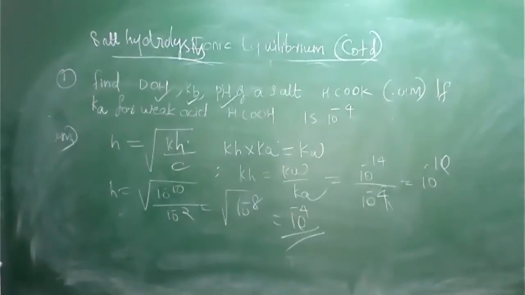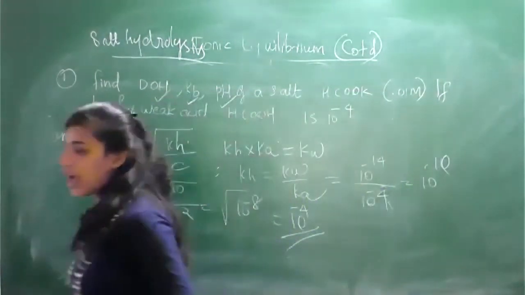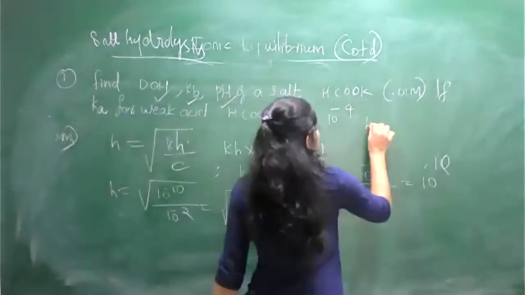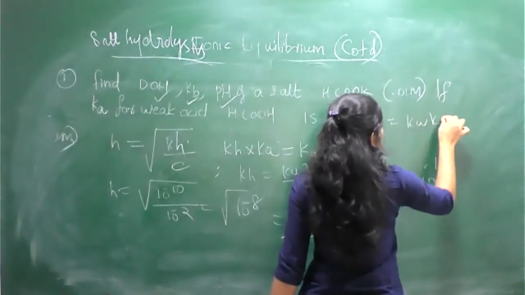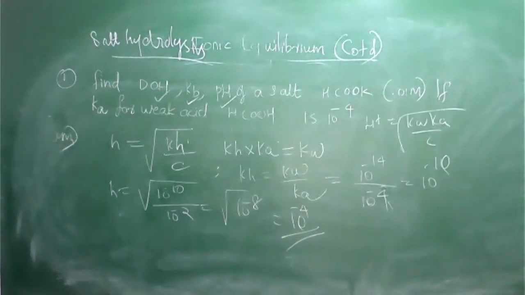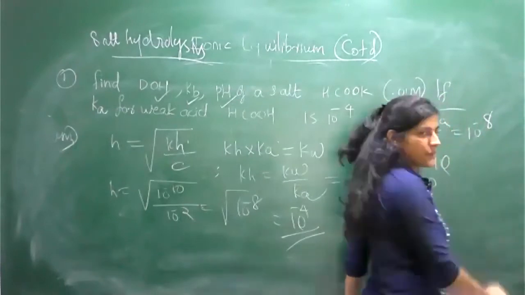So now find out the pH. For finding out pH, H plus is equal to root of Kw Ka divided by C. H plus ion concentration is equal to 10 to the power minus 8 after substitution.